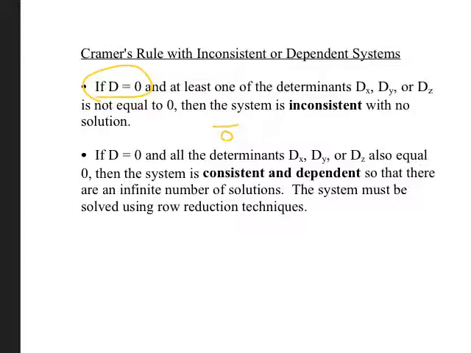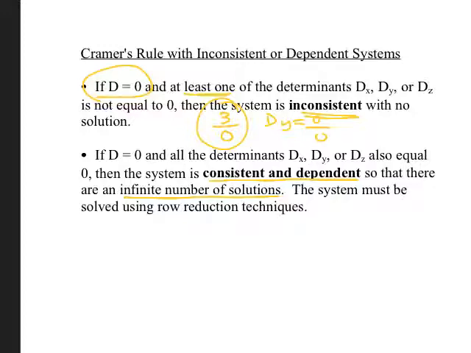But if at least one of the determinants d sub x, d sub y, or d sub z is not equal to 0, so let's say this is 3, that's when you have an inconsistent system. So there's no solution. So at least one of these. So d sub y could be 0 over 0 here, but as long as 1 isn't equal to 0, it's inconsistent.